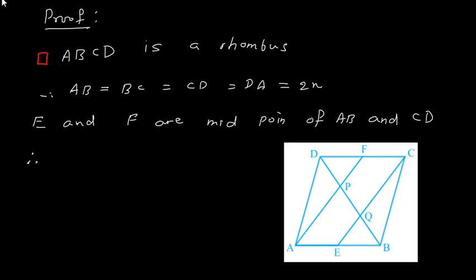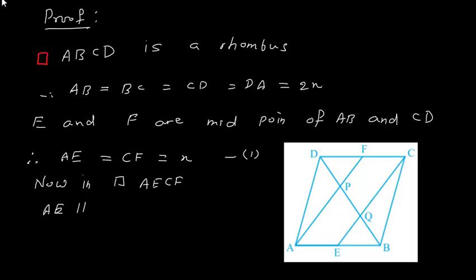Therefore, AE is equal to CF. E and F are the midpoints. Therefore, AE is equal to CF is equal to x. Okay, let us take this as equation 1. Now, in quadrilateral AECF, AE is parallel to CF.